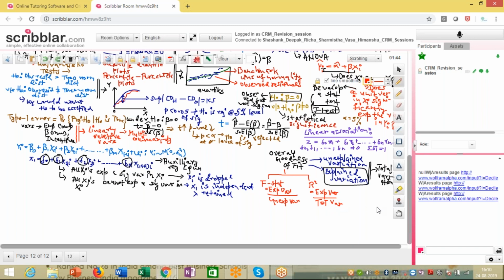R square captures the proportion of the total variation which can be captured by the model. So one thing you can clearly see is that the overall goodness of a model is the comparison between the unexplained variation and the explained variation.